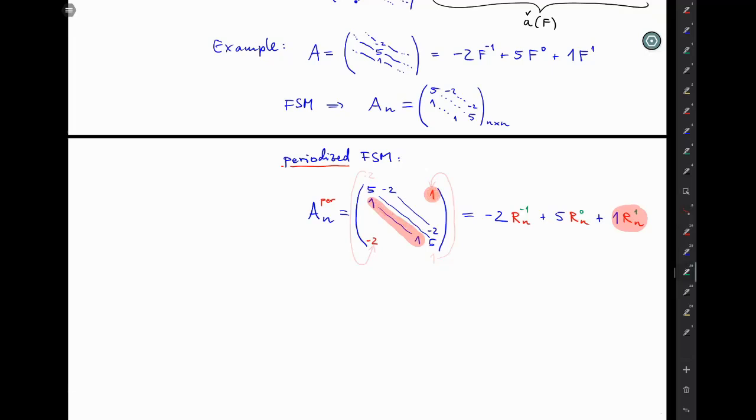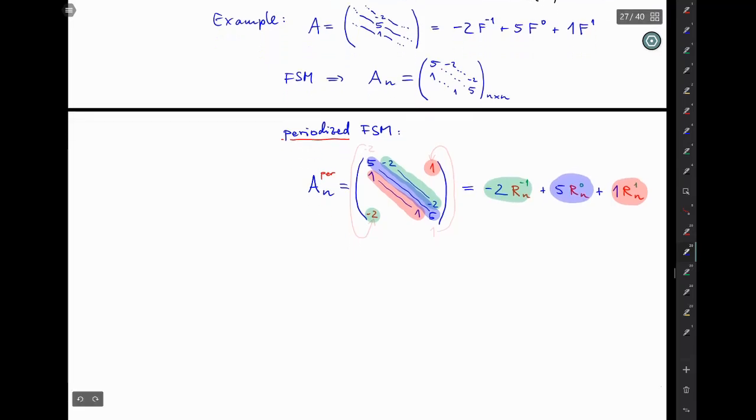So similarly, this part of the matrix here, which is carrying the -2's, must stand for that expression. Okay, and then finally the part that carries the 5's comes from this bit.